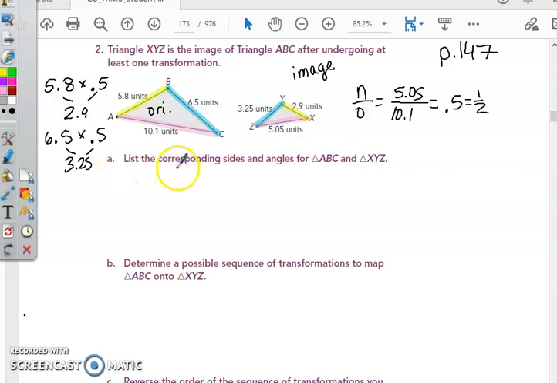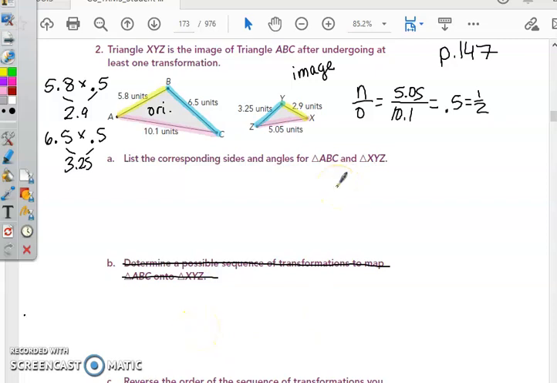Letter A says list the corresponding sides and angles. Right now we're going to focus on angles first. Because we're not going to do B, you can write some of your answers down here. We're going to do angles here, and sides here. I may even need a little bit of the sides over here.